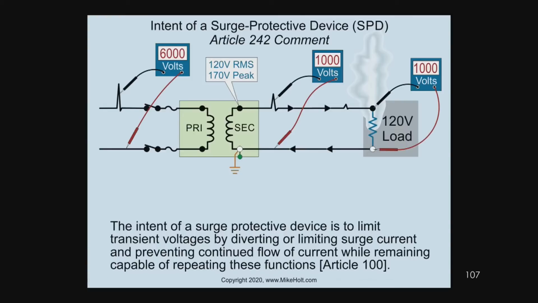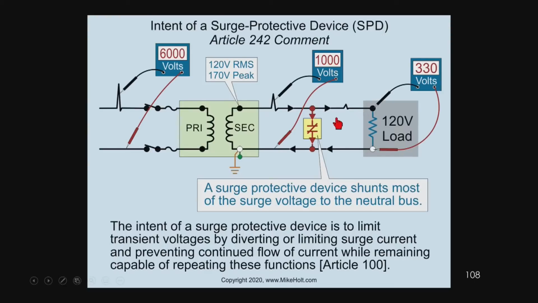Well, then that would be able to clamp that voltage down a little bit more. And then I put the last surge protection device at the load. So maybe I'm going to clamp this, let's say this was 5,000 volts, down to 3,000. Then the one at the panel, I'm going to clamp it down to, let's say, 2,000. And then the one at the load, I'm going to clamp it down to 330.